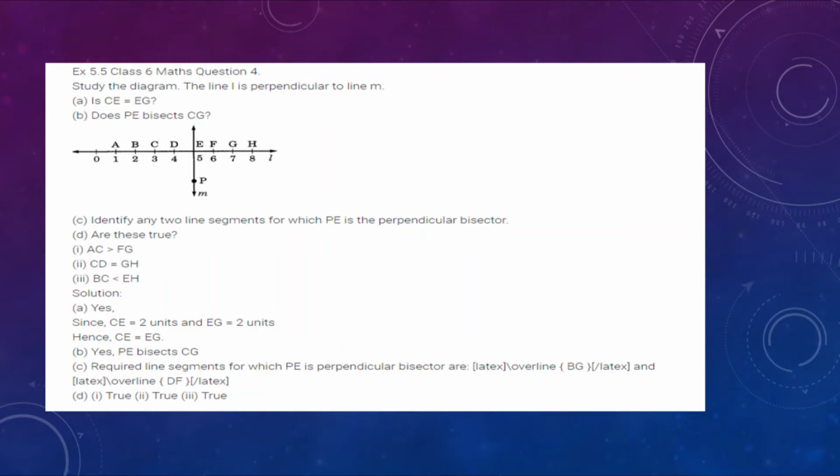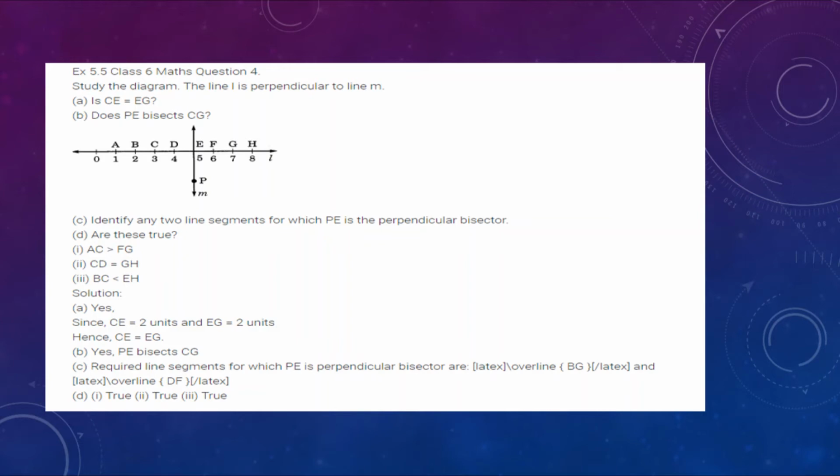And the D part is: are these true? AC is greater than FG. This is definitely true if we go by the measurement from the number line. And then CD is equal to EH.